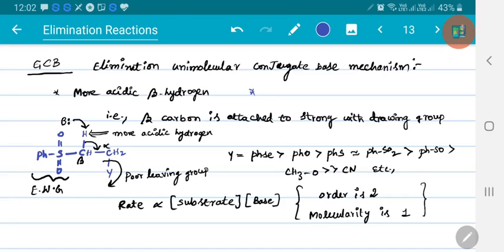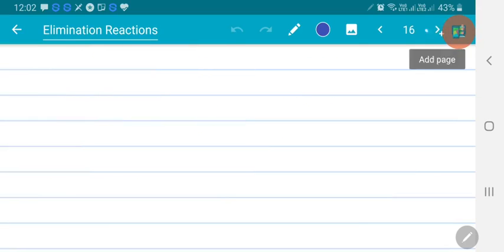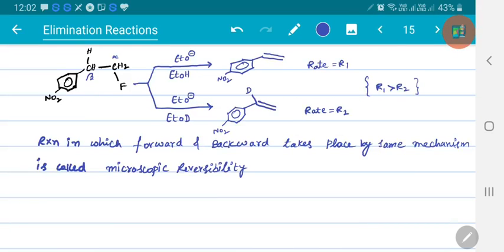So here also there is anti-periplanar condition, no need to write that. Based upon the size of the ring, anti-periplanar condition also leads to product formation, right? In some cases, such anti-periplanar conditions are not possible. So in such cases, you will get a syn product based upon the ring size.